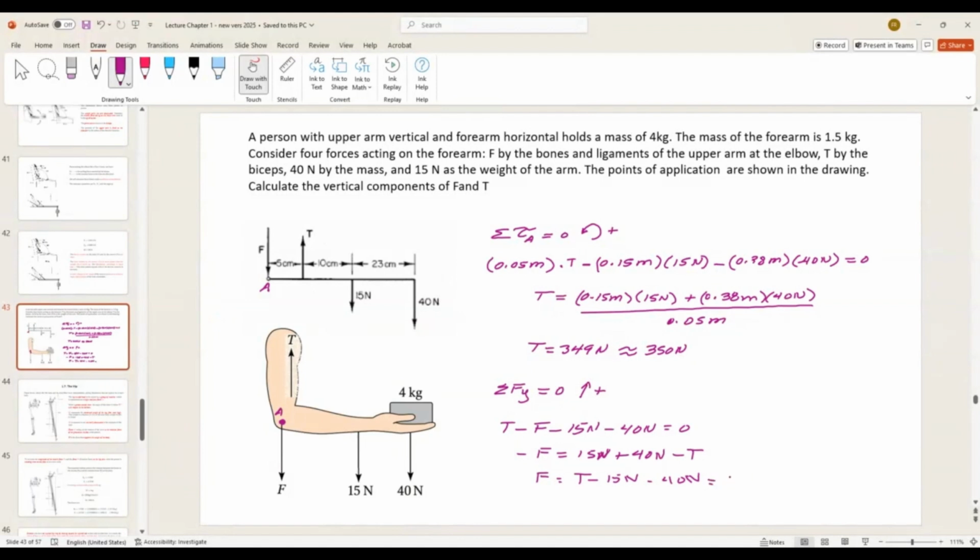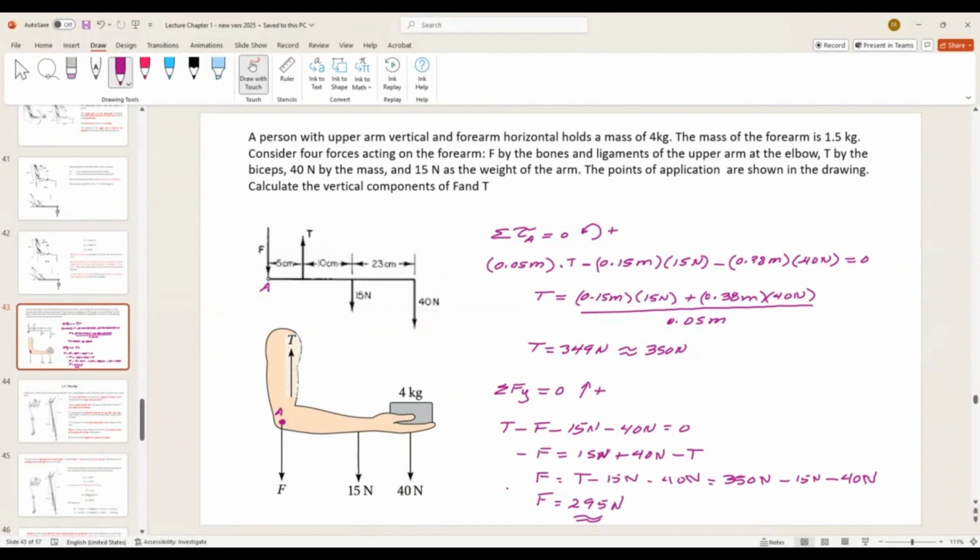If the tension is 350 newtons minus 15 newtons minus 40 newtons, we get that the force F, the force acting on the bones, would be 295 newtons in this case.